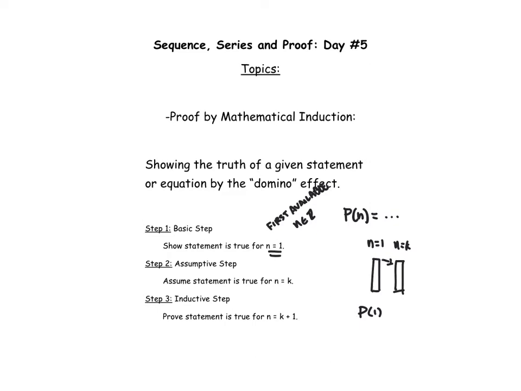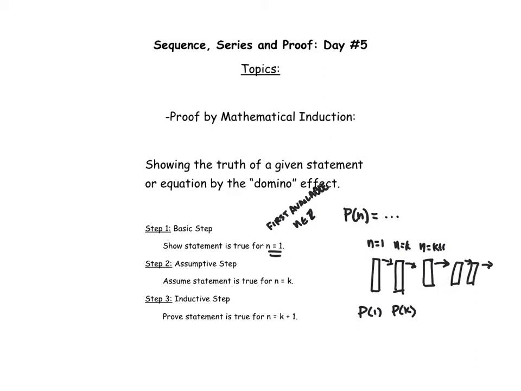So the first domino falls. The assumption allows us to assume that P of k is true, which makes that domino fall. And if I can prove that n equals k plus 1 is true, then that allows me to make all the dominoes fall from there on out.